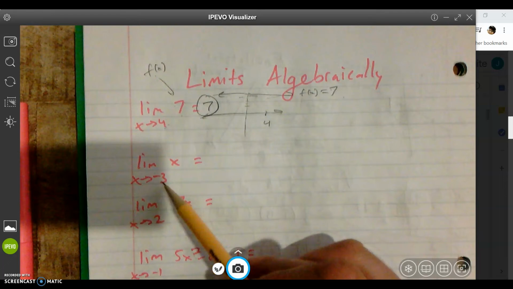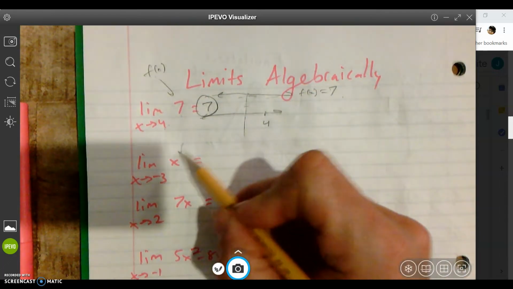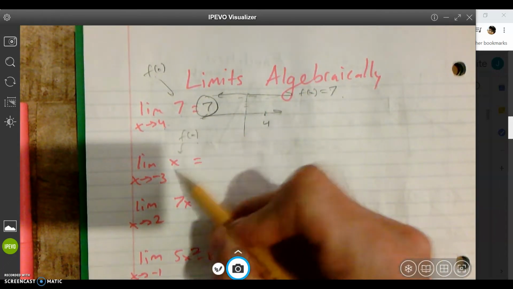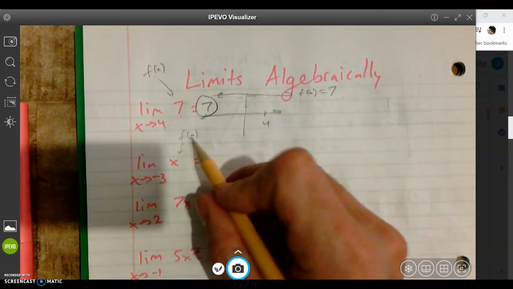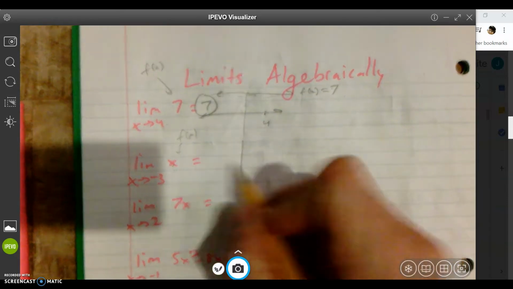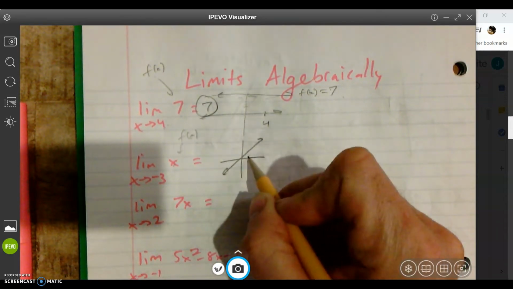Let's try this one. The limit as x approaches -3 of x. So again, this is the function right here. It's not a piecewise function. It's just a straight up graph. That is f of x equals x or y equals x. The slope is 1 and the y-intercept is 0.